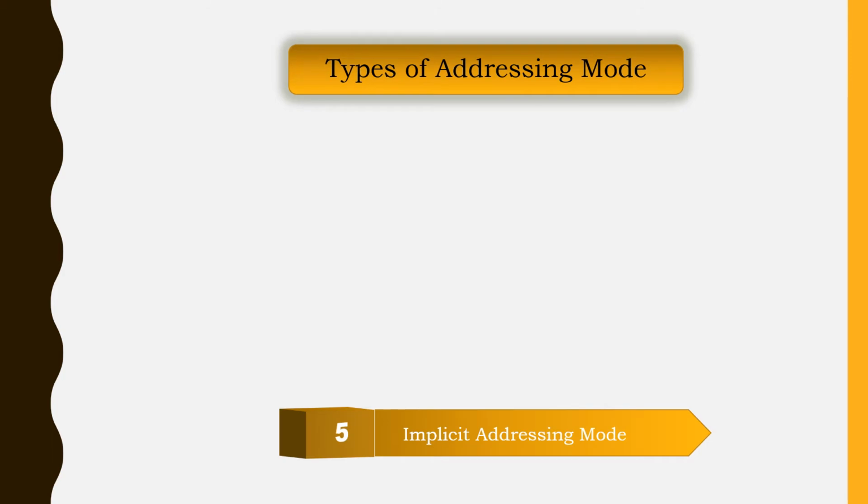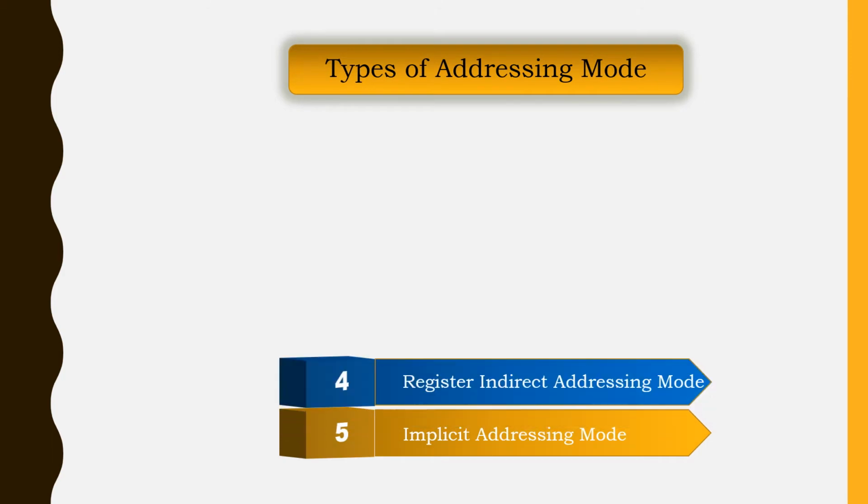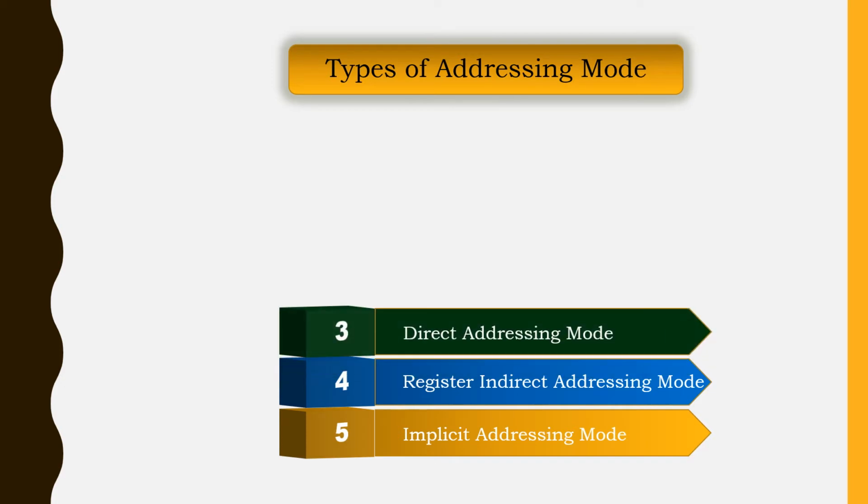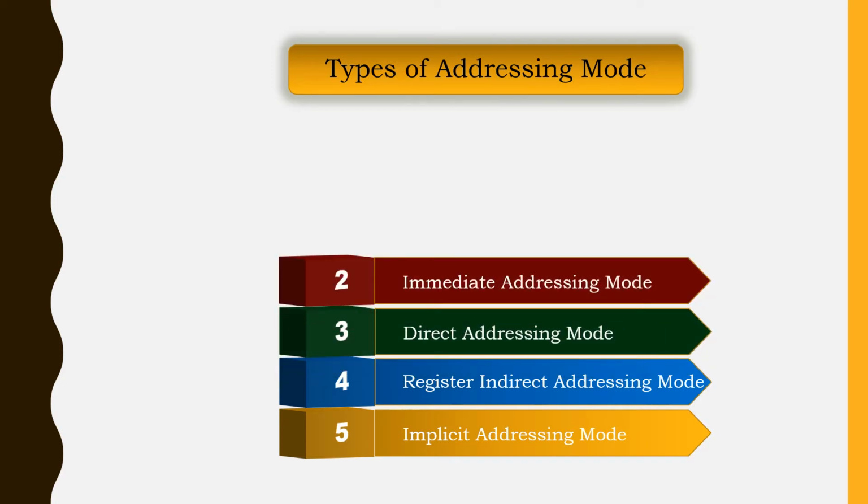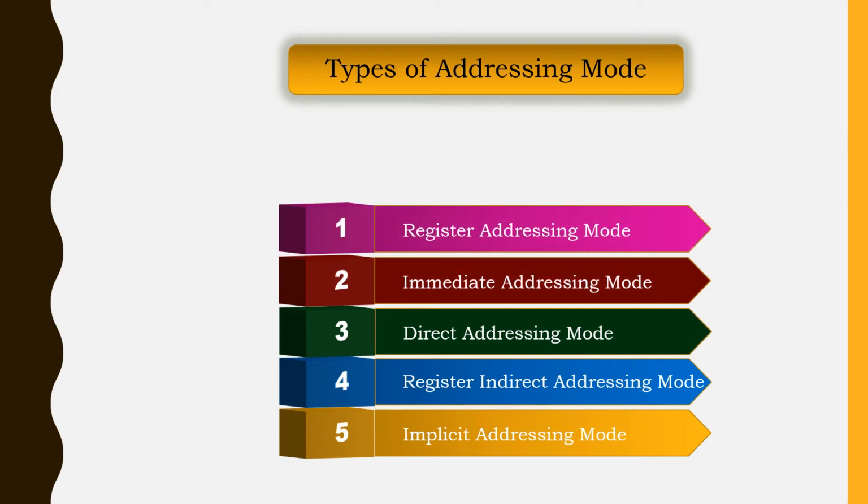So here, the types of addressing mode. Implicit addressing mode is the last one, then register indirect addressing mode, direct addressing mode, immediate addressing mode, and register addressing mode. In that I already explained these two. The remaining 3, the third, fourth and fifth, are remaining.